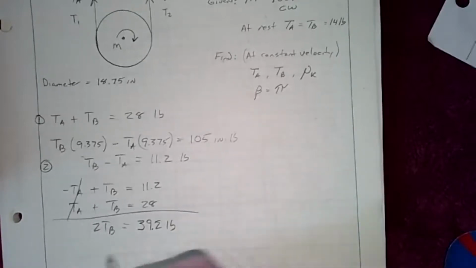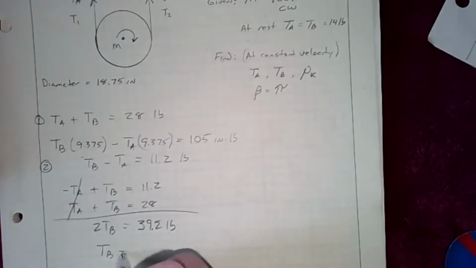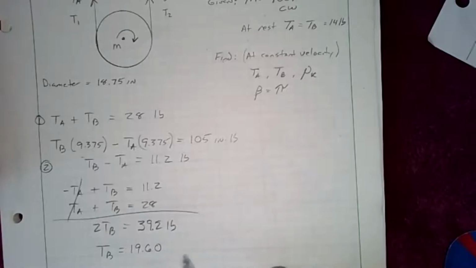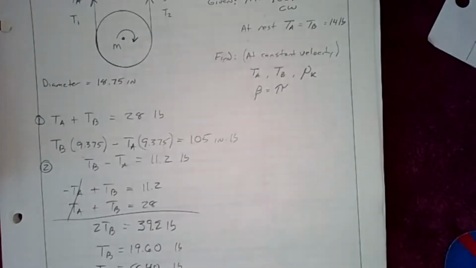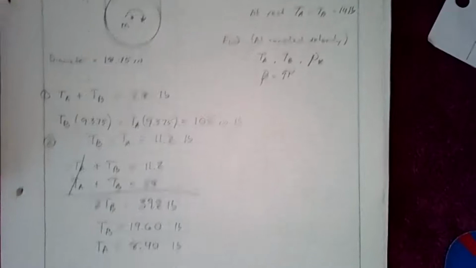So TB is equal to 19.60. Therefore, TA is equal to 8.4. All right, so now we have those two values.